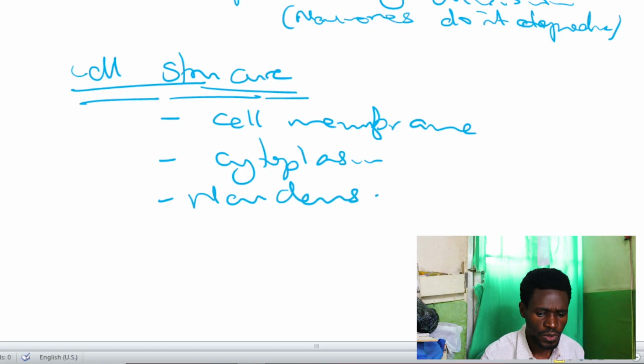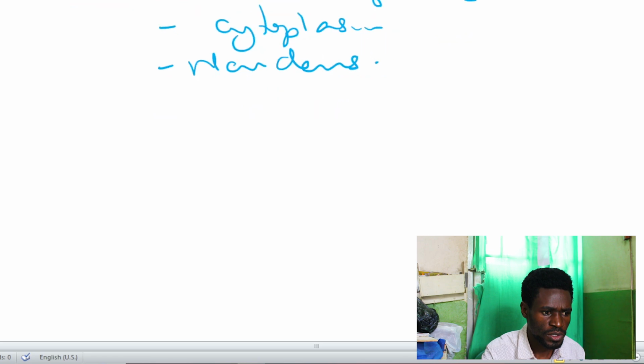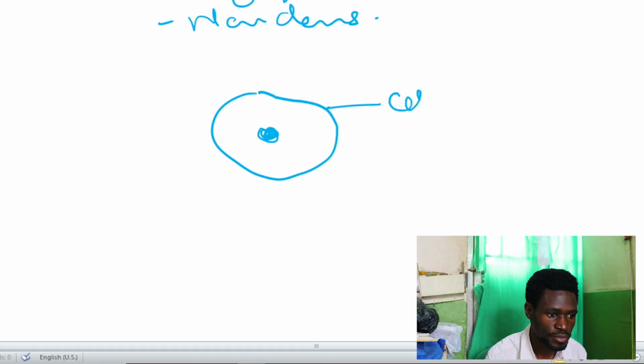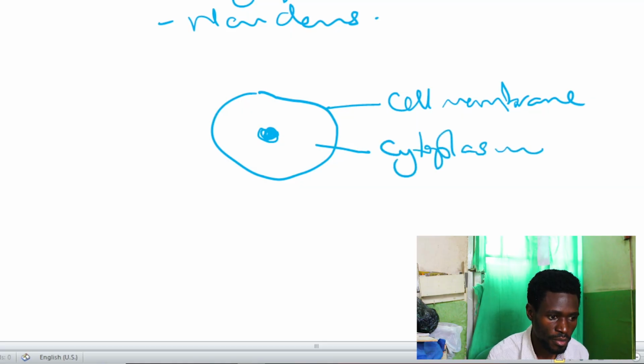Those are the three main parts of a cell. Let's try to illustrate them here: the cell membrane, the cytoplasm, and the nucleus.